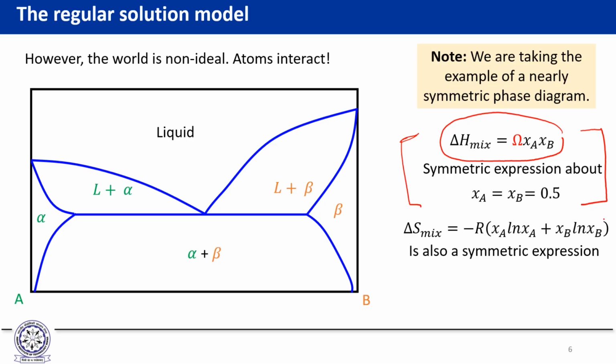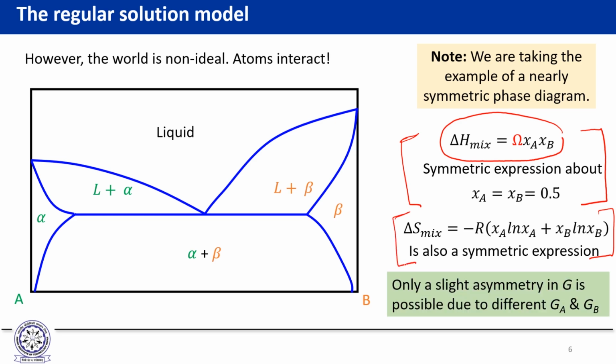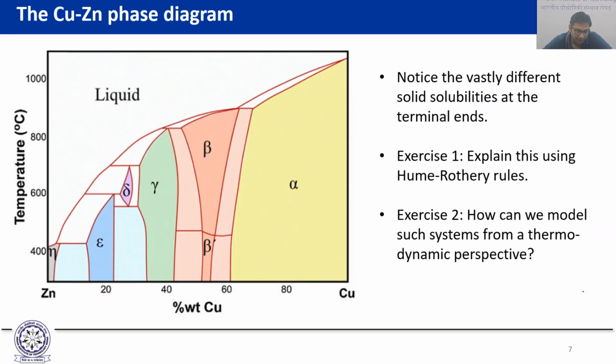The other contribution to Gibbs free energy, which comes from entropy, is also a very symmetric expression about XA equal to XB equal to 0.5. And so you basically have only a very slight asymmetry in G, and this becomes possible because of the asymmetry in the free energy of the individual elements A and B. This is what drives the asymmetry in the Gibbs free energy in the regular solution model.